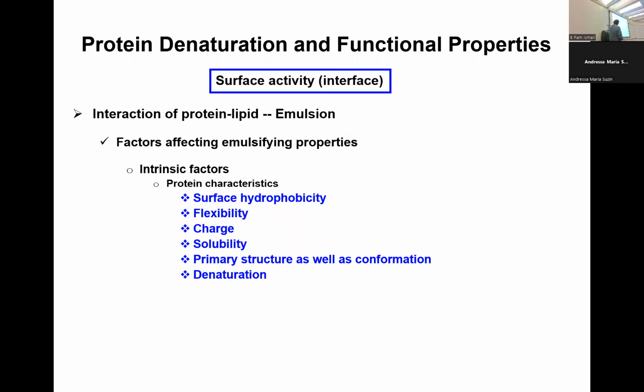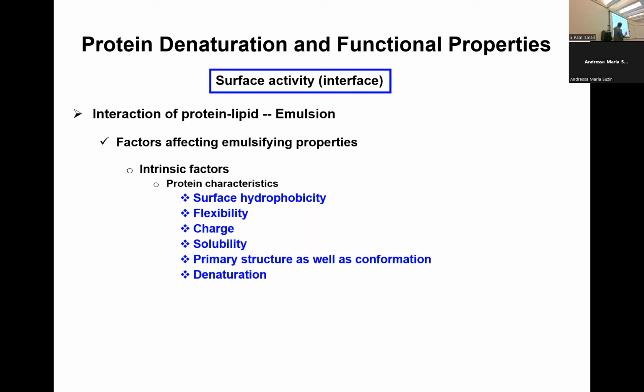So there are different factors that contribute to emulsifying or emulsification, the intrinsic and extrinsic factors. Intrinsic factors have to do with the protein characteristics: surface hydrophobicity, how flexible the protein is, and whether it is able to unfold and orient its different components to the different phases.